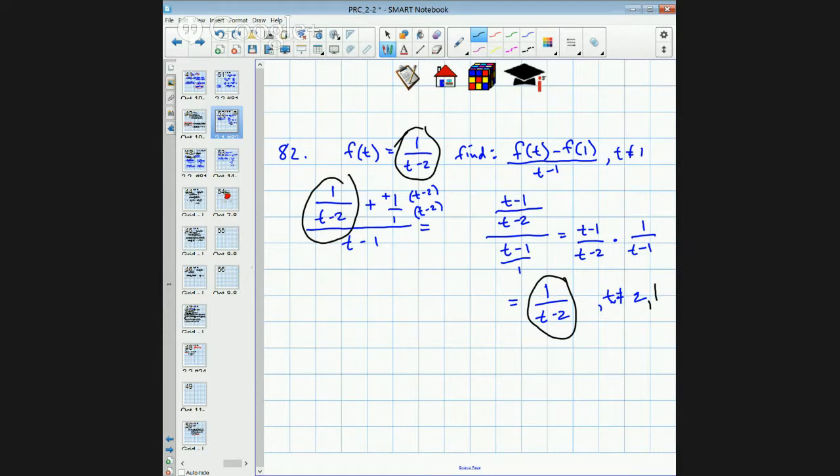And if it was 1, then wouldn't this thing up here have been garbage? You can't have any fractions with 0 on the bottom. So this is simply saying, I know t can't be 2 or 1 because this whole operation would be illegal then. But really, here's your solution: 1 over t minus 2.